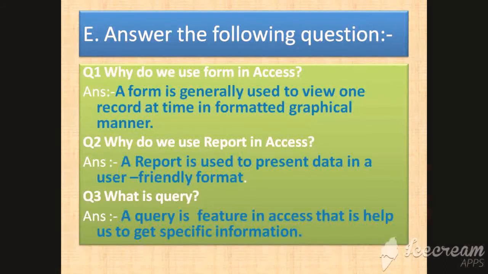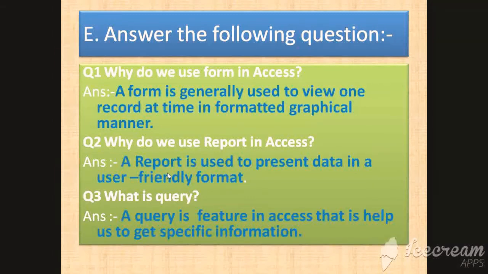If we want specific information, what feature can we use? Query. I told you one more advantage of query: if 2 or more tables are there and you want some field from table 1 and some field from table 2 in a combined format, then you can apply a query, right?